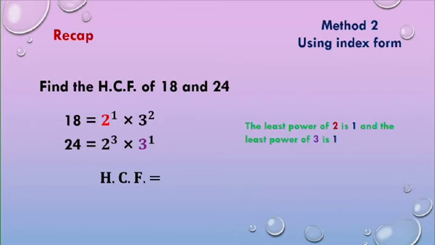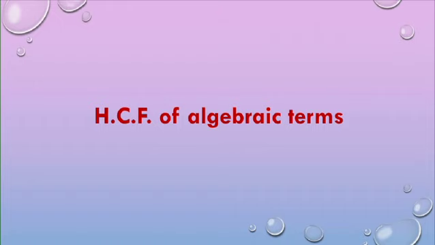Like here, 2 is common to both 18 and 24. To find the HCF, we take the number with the least power. The least power of 2 is 1, and the least power of 3 is 1. So the HCF is 2 power 1 times 3 power 1, which is equal to 6. Now we are going to use these 2 methods to find HCF of algebraic terms.